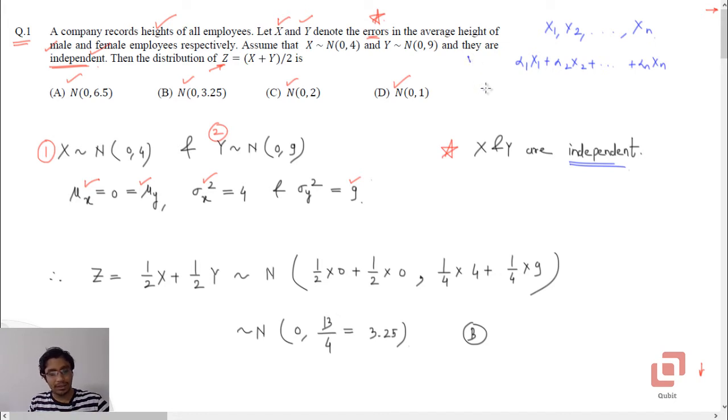Let us call it x prime, or x star, and the mean of this is given by just adding the means of individual variables. And the variance is given by the sum of alpha j squared into sigma j squared.